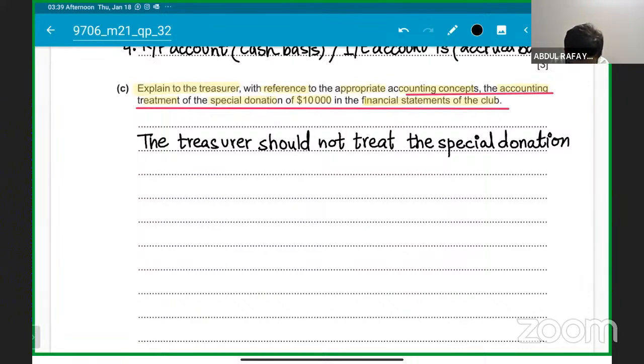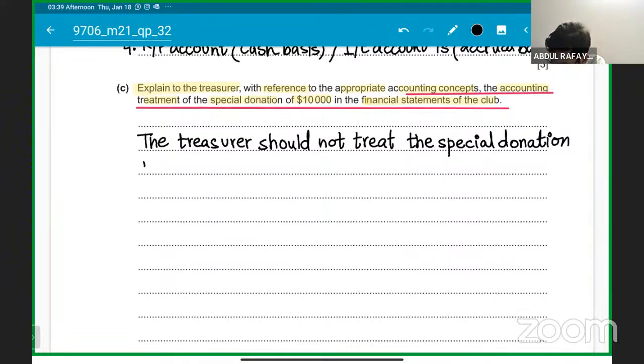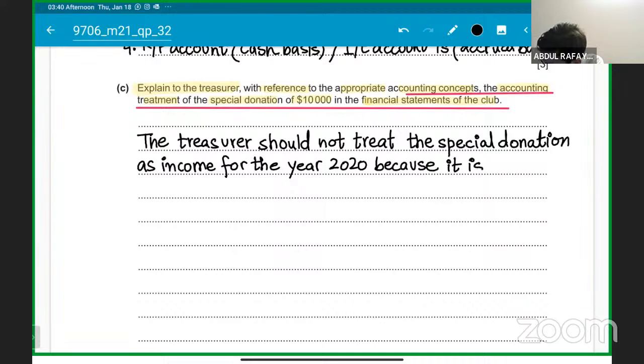Is everyone clear? The treasurer should not treat the special donation as income for the year 2020, because it is a deferred income, that is, income for the future.